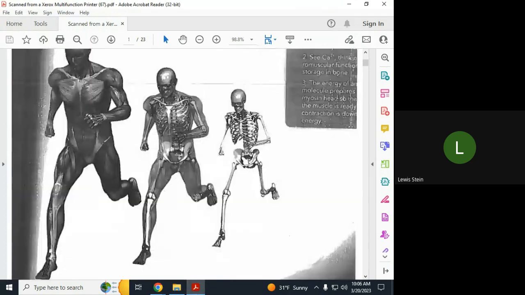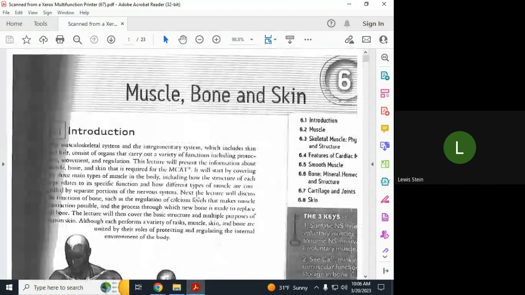So basically, the unit itself involves muscle, bone, and skin. It's the very last in that Exam Crackers text that both Dr. Hilwig and I use, because it's got a lot of good information. Again, we're going to probably see more about respiratory. We're doing that in phys.